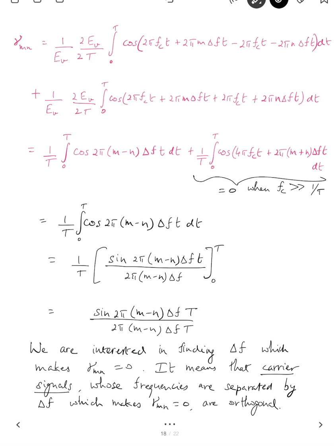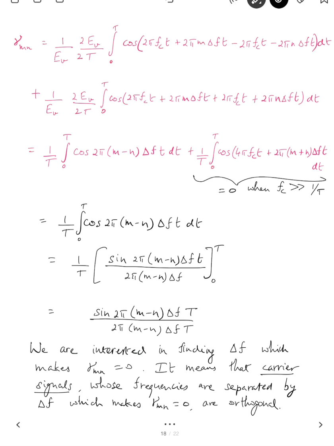So the second part of the term disappears when applying the limits. So we have this gamma mn factor equal to sine 2 pi (m minus n) delta f capital T divided by 2 pi (m minus n) delta f, and this capital T has come here.